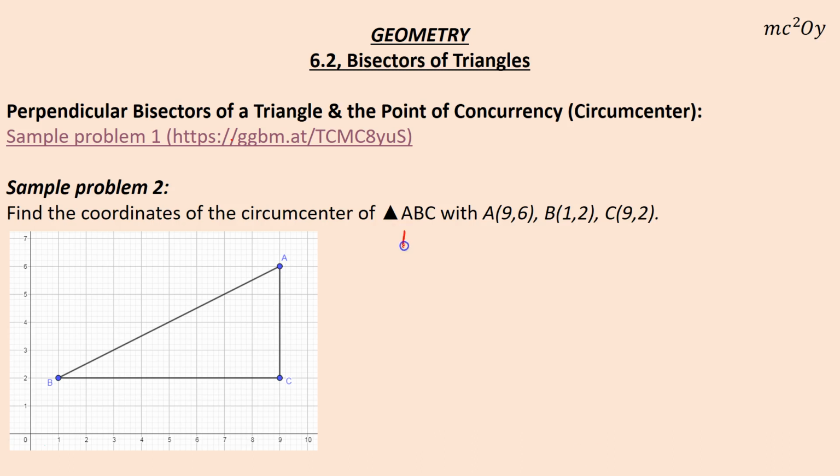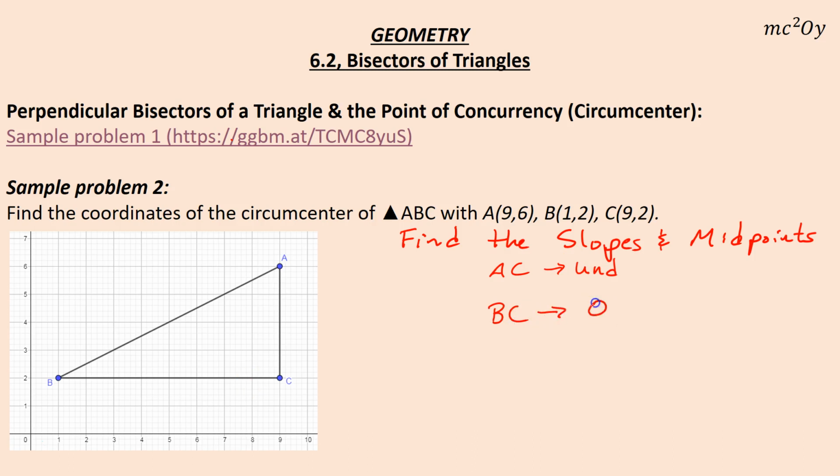Okay. So the slopes and the midpoint. So if we think of the slope here, first, currently the slope of AC is undefined. It's straight up and down. Okay, so that's undefined. The slope of BC, since it's a horizontal line, is 0.